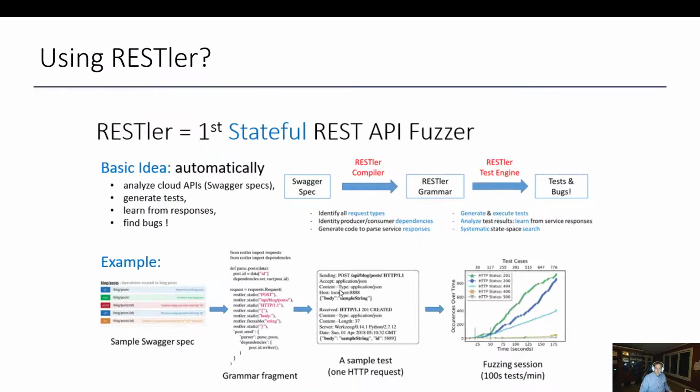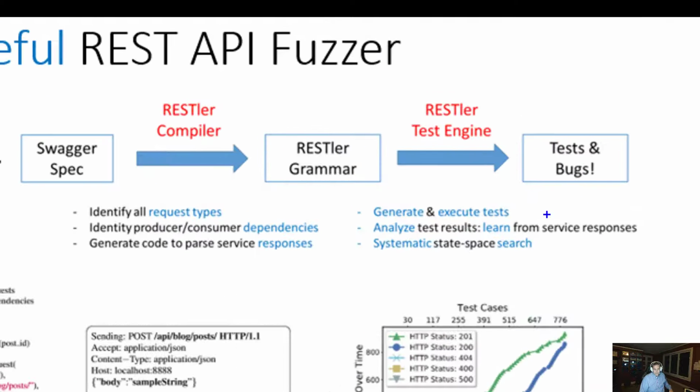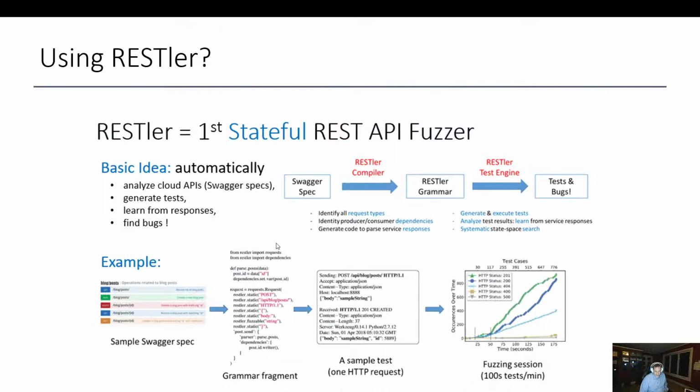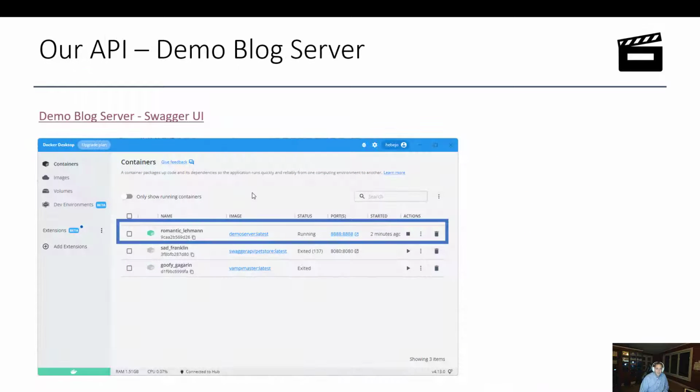So what does this look like? You grab your Swagger spec, basically do a compilation. That's going to give you what is called a grammar file. We'll look at it when we do the tests. And then after that, the RESTler test engine is going to execute, and you can test and find those bugs. So it's as simple as that, but quite a powerful tool.